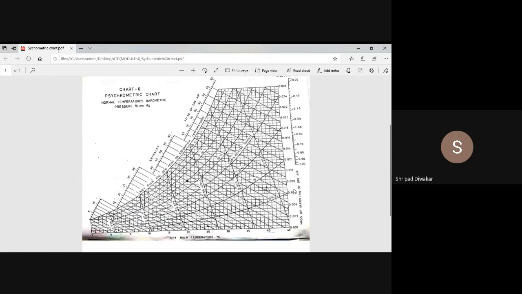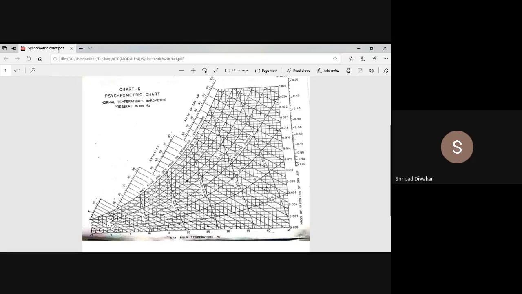As I said, it is the ratio of the amount of water vapor present in 1 kg of dry air, represented by the symbol omega, with unit kg per kg dry air. In the psychrometric chart you can see the values.